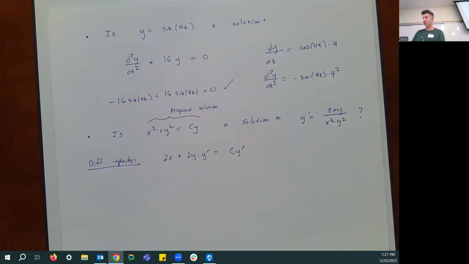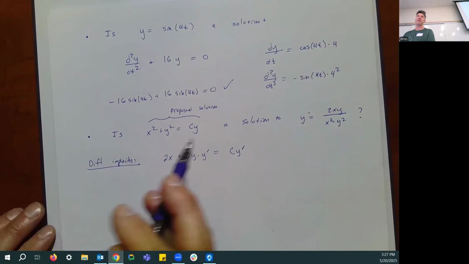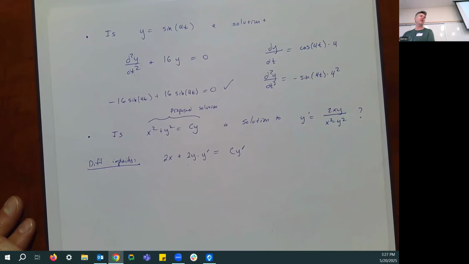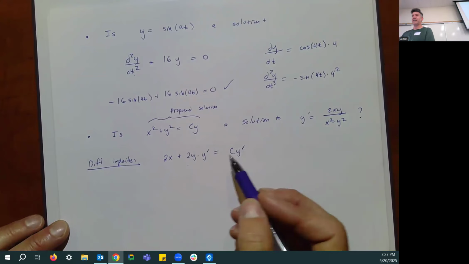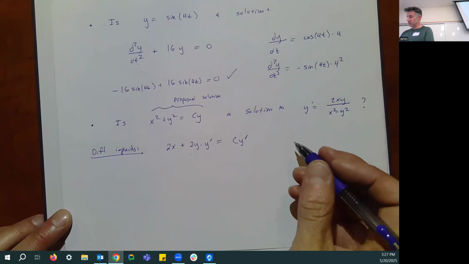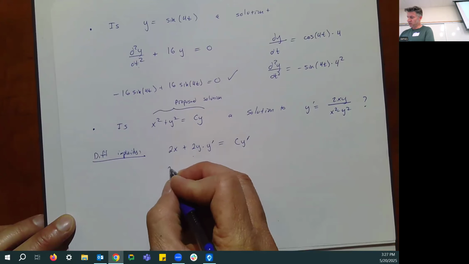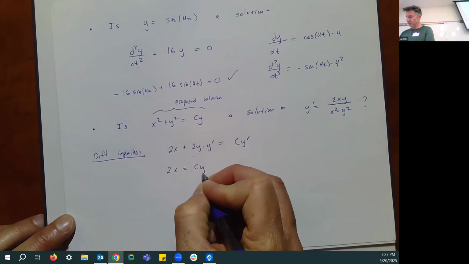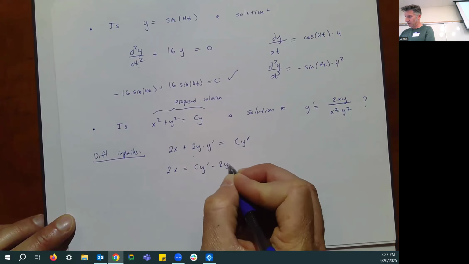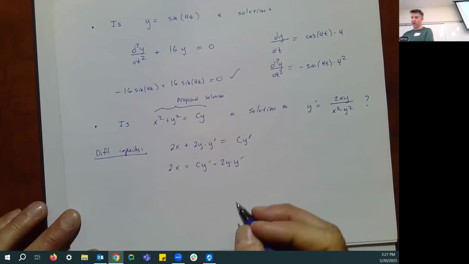And then what I'm going to do is try to essentially make this look like that, which feels kind of weird, but it's all I got. So first, I guess I should try to isolate y prime. So 2x equals c y prime minus 2y times y prime. And I'm going to factor out a y prime.